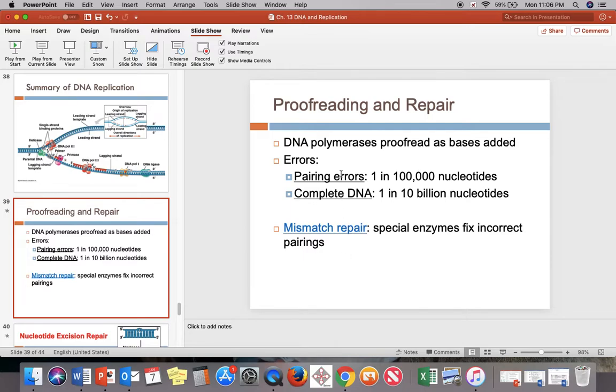But DNA polymerases, even though they are adding those nucleotides, if they see an adenine, they're supposed to add a thymine, right? Well, what if they tag on a guanine instead? The DNA polymerase is not only doing its job of adding those nucleotides in, but it's also kind of like a spell check in our Word documents or autocorrect on texting. What it's going to do is make sure that the proper bases are paired accordingly.